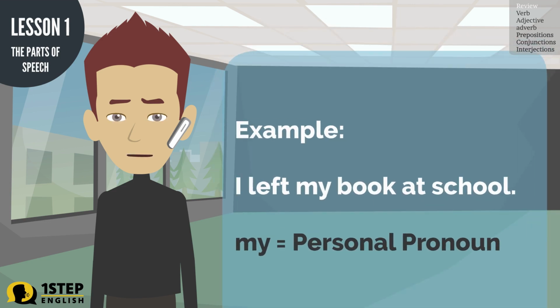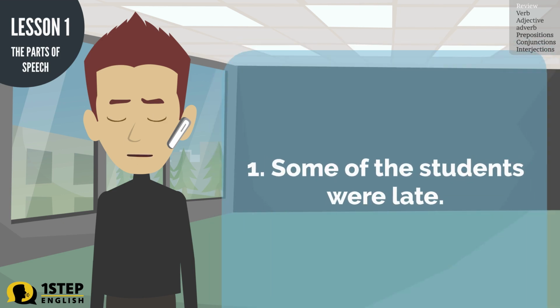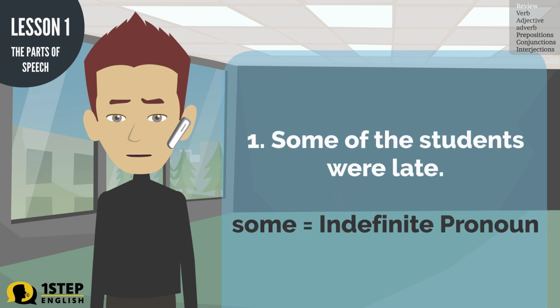Let's test your memory. Write the pronoun in each sentence. Then, label each as personal, possessive, reflexive, relative, demonstrative, or indefinite. 1. Some of the students were late. The answer is some.